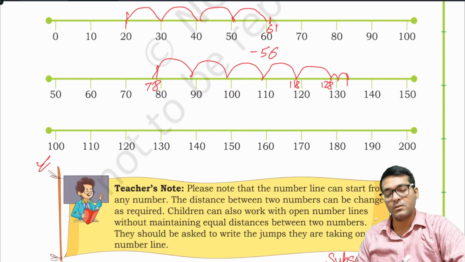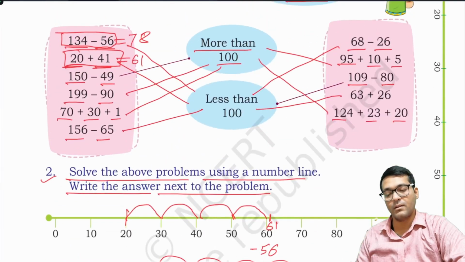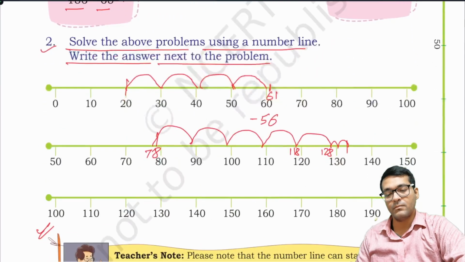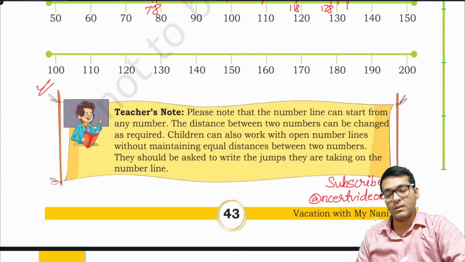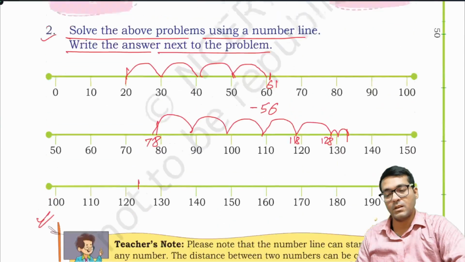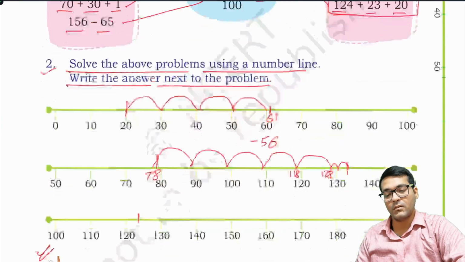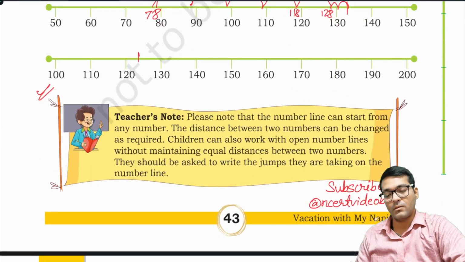Similarly, for bigger numbers, you can use this number line. For example, 124 plus 23 plus 20. 124 is here, plus 23 plus 20. 124 plus 10, 134, then 144, okay, plus 10 plus 10, and then you have to add 23.